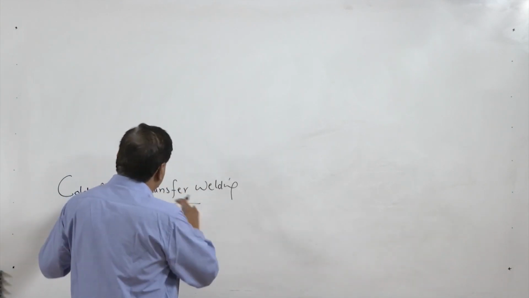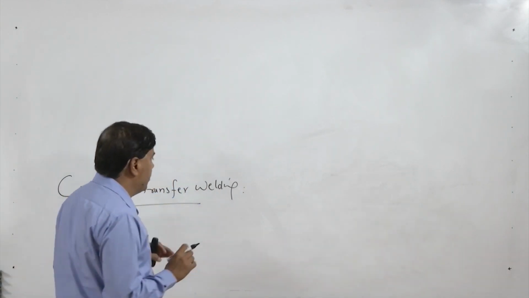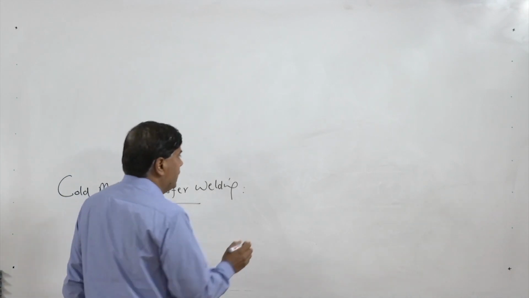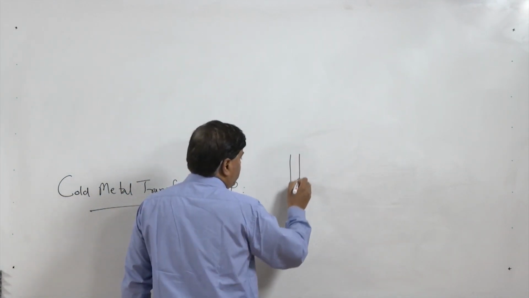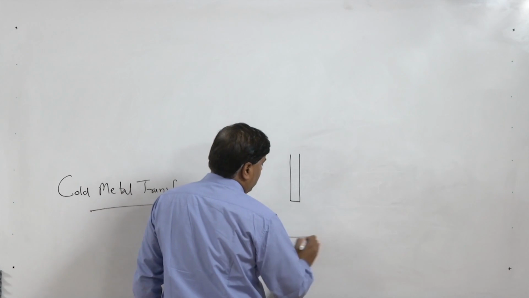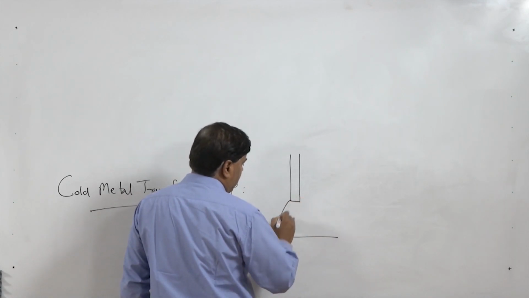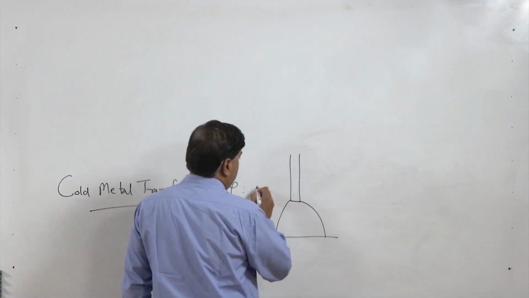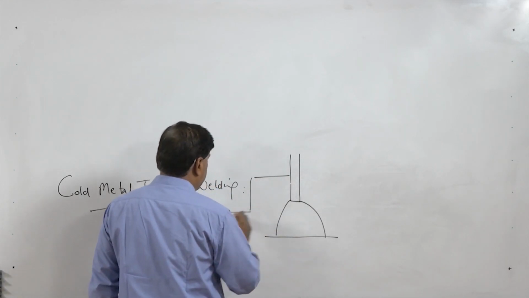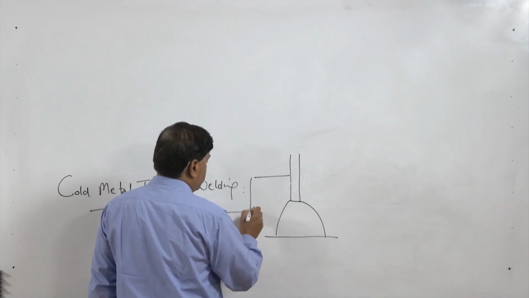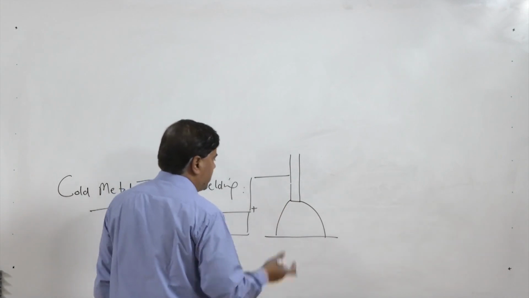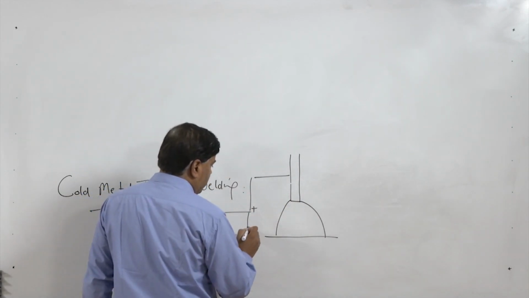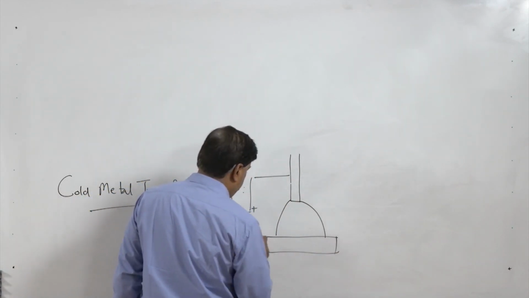before understanding the process principle, it is necessary to see that in a typical gas metal arc welding process, an arc is struck between the electrode and workpiece. The electrode is connected to a suitable power supply whose positive terminal is normally connected to the electrode and negative terminal to the workpiece.